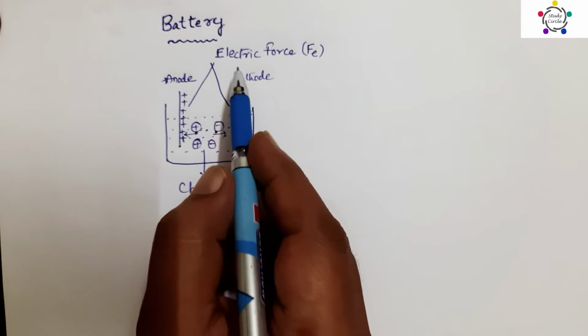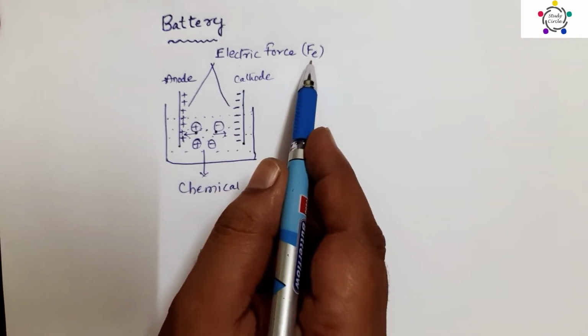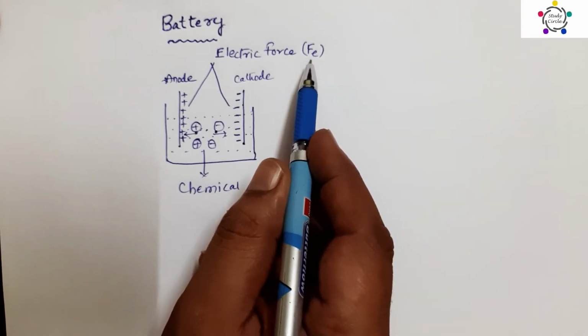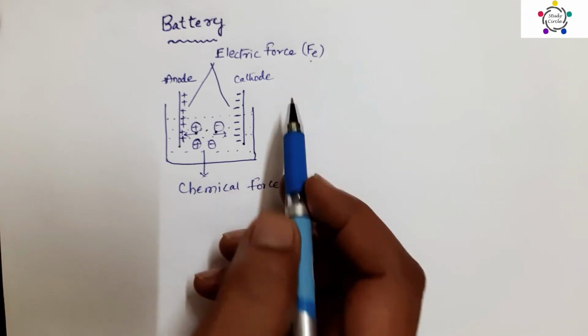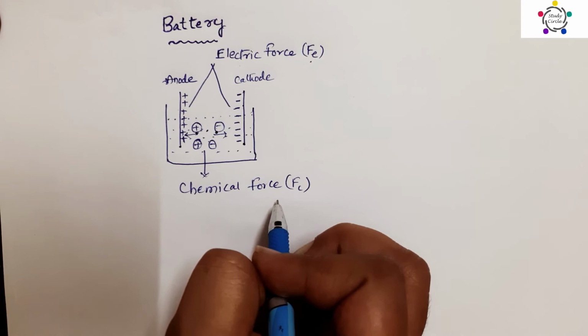That force is called electric force, that is Fe. So the direction of the electric force is opposite to the chemical force.